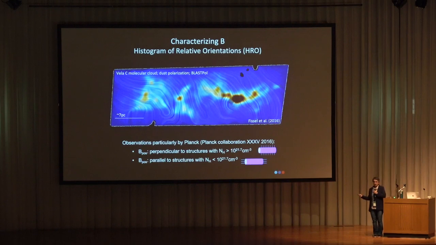For example, here I'm showing the Vela C molecular cloud as observed by Fissel et al. 2016 using BLASTPol, and the magnetic fields in high density regions are clearly perpendicular to it.